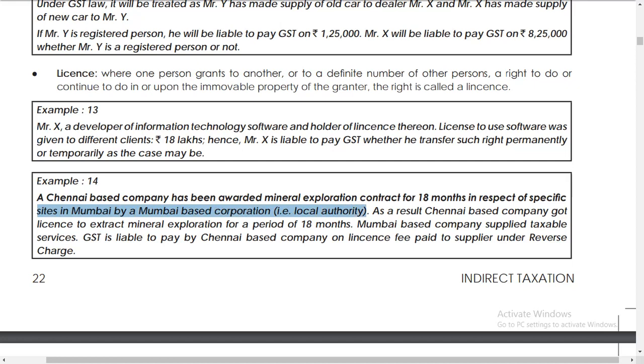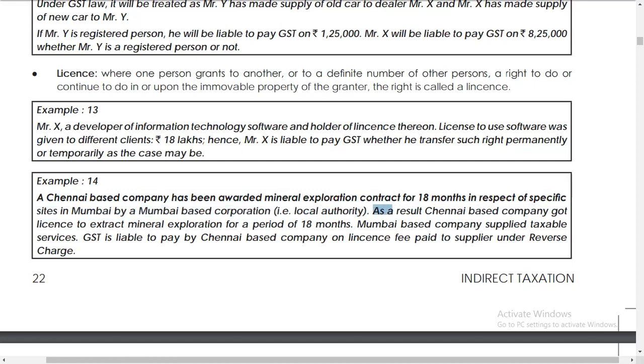So there is one company, a Chennai based company, which took a contract for 18 months in respect of specific sites, from the Mumbai corporation, that is a local authority.